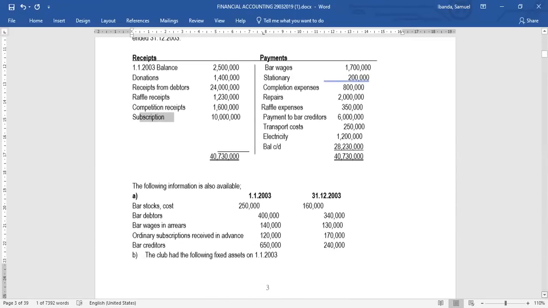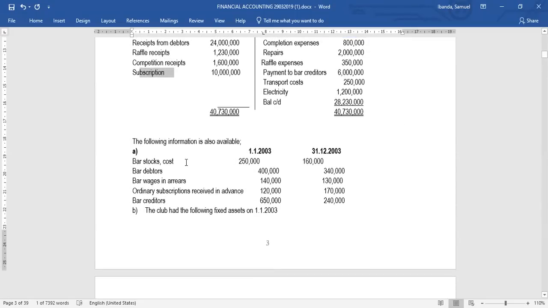Now, when you move down, we are also saying that this information is also available, okay? The information that is available: we have bar stock costs, we have bar debtors, we have bar wages in arrears, we also have ordinary subscriptions received in advance, we have bar creditors, and so on.